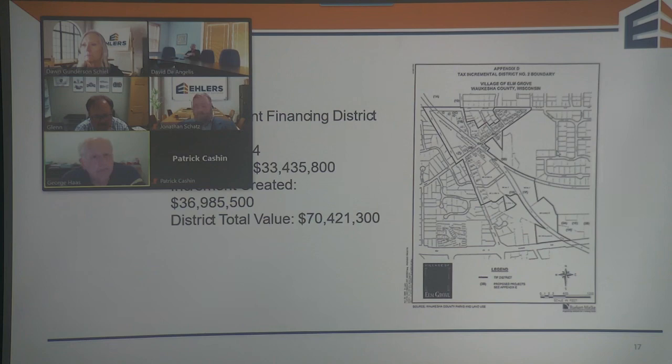But we did have the safeguard of the pay-go operation there if it didn't succeed. So we'll wait and see what Ehlers proposes and what they recommend as far as clawbacks or pay-go to help us prevent the TIF from going underwater and the property owners in the village getting stuck with it.